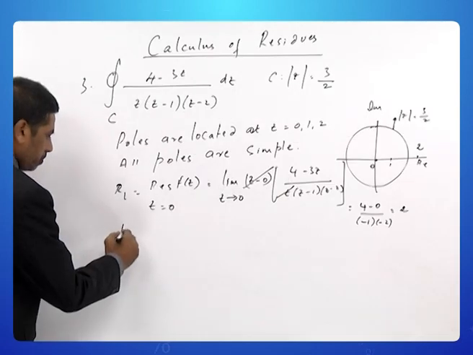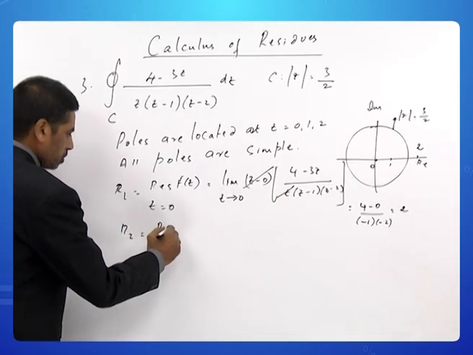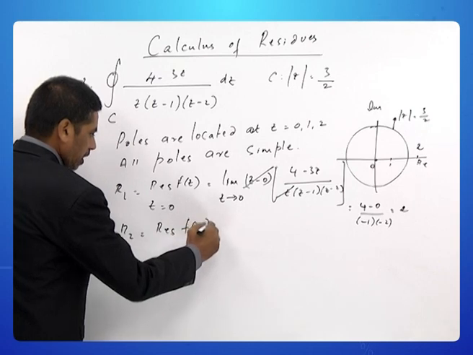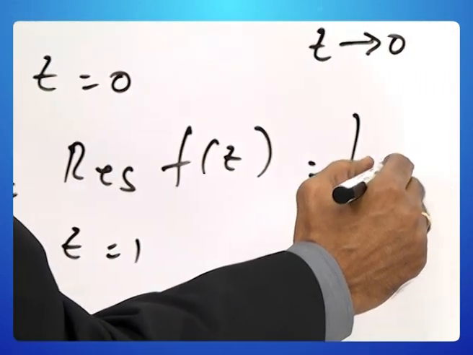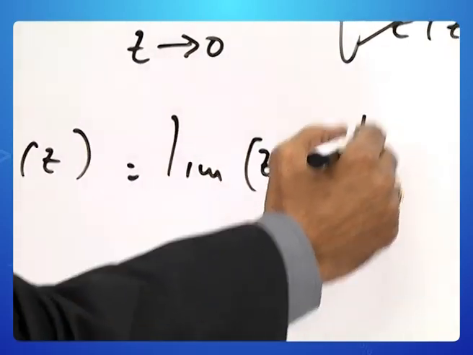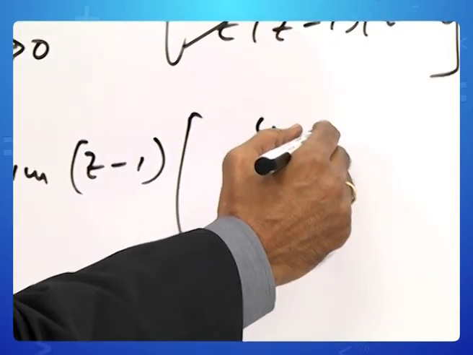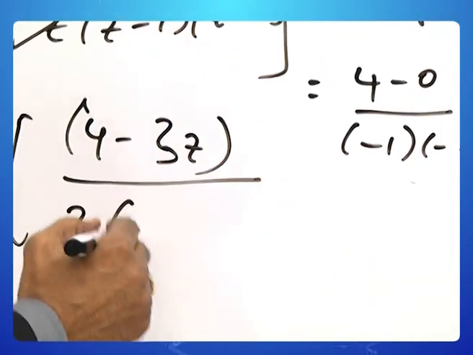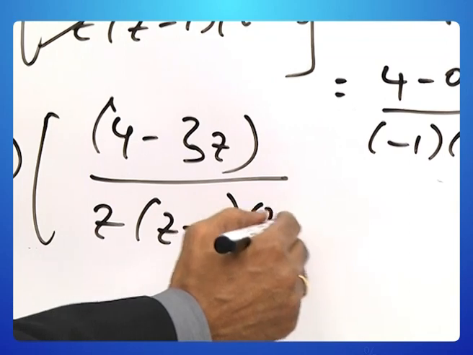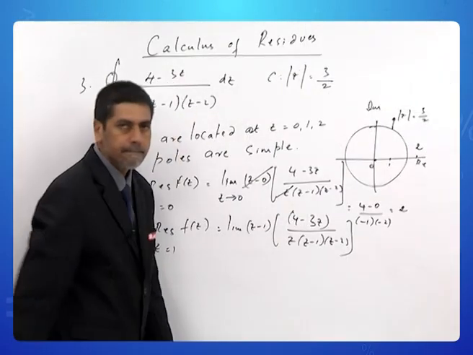In a similar way, we can calculate residue of f of z at z is equal to 1. Repeat the process, limit z minus 1 into the given function (4 minus 3z) by z into (z minus 1) into (z minus 2).